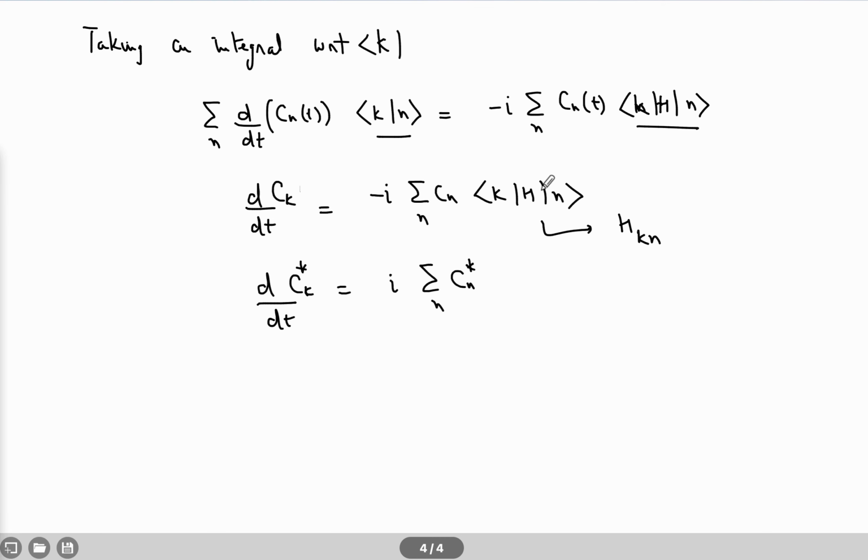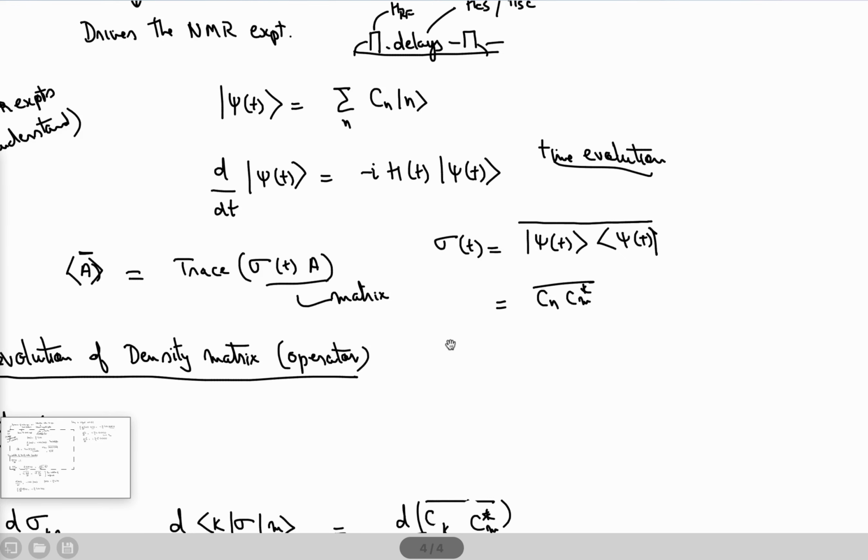And if I take the complex conjugate of this, the elements will change, n h k, right?